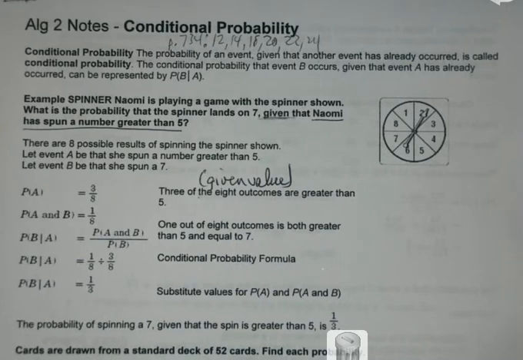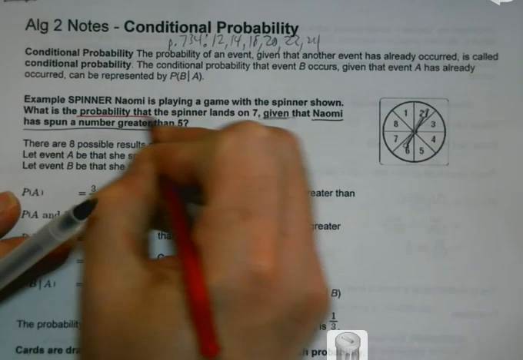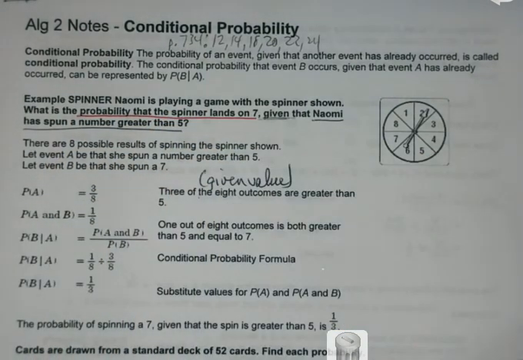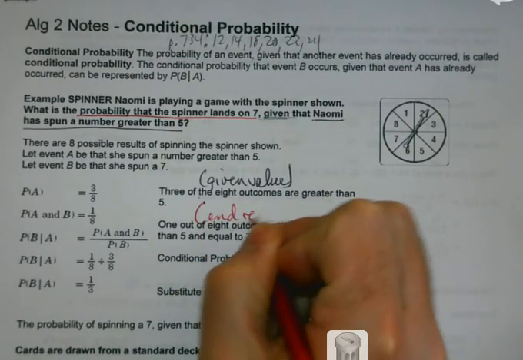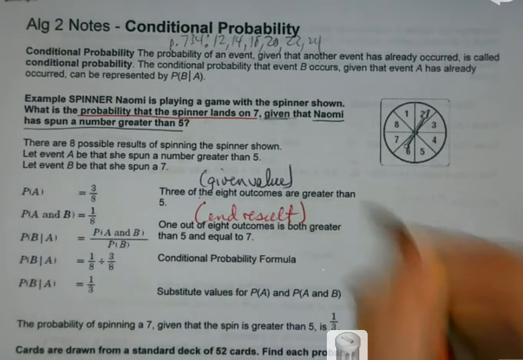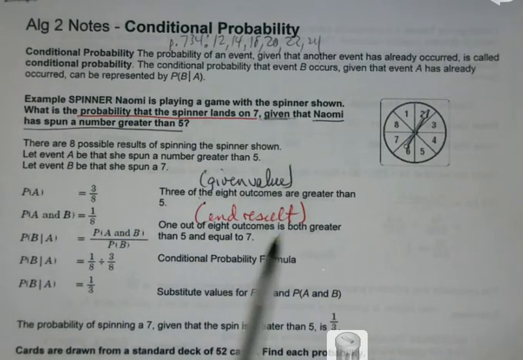So then I look and I say, okay, what's my end result? What am I hoping to have happen next if that happens? What's the probability the spinner lands on 7? That would be my end result. So the spinner lands on 7.